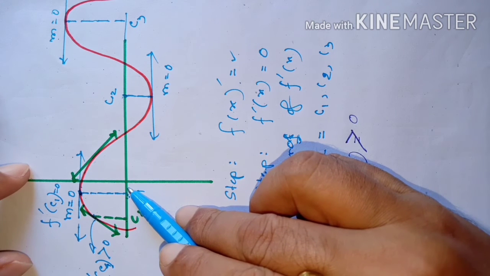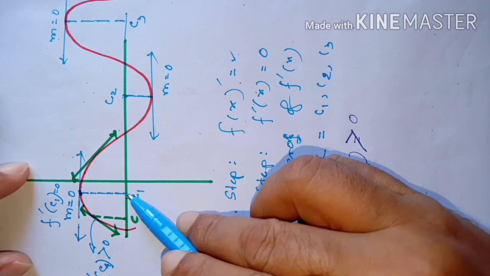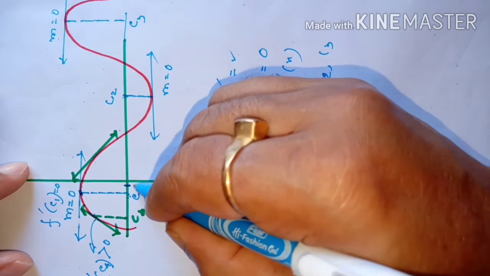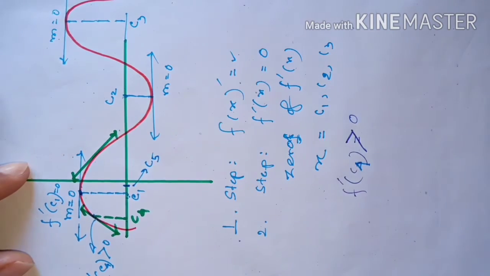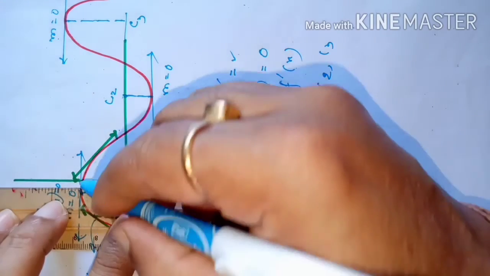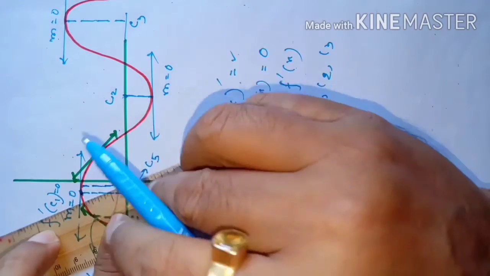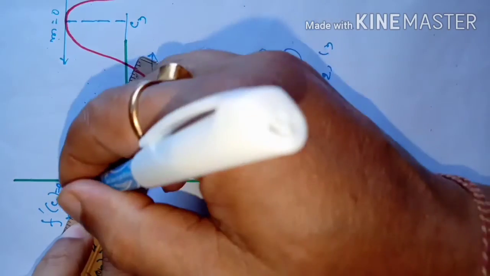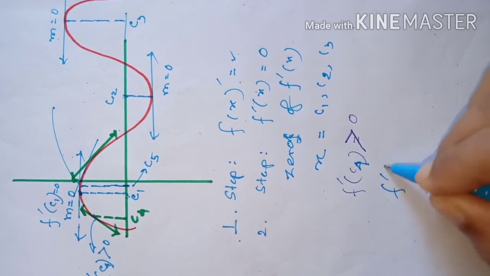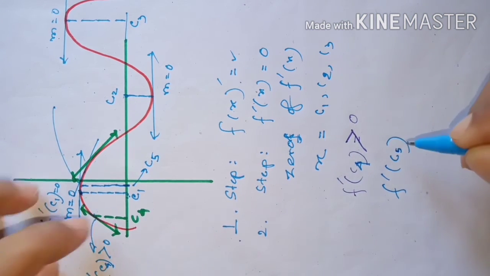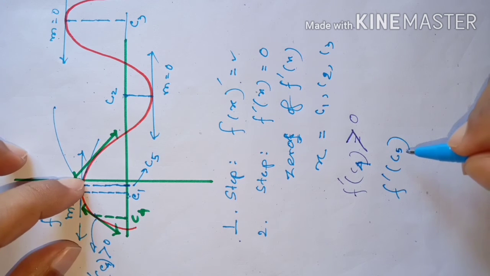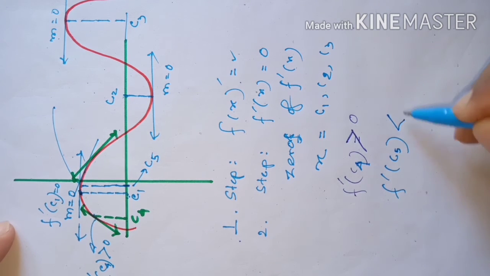And very close to C1 towards the right hand side of C1, suppose there is a point C5. At that C5, the slope of the function will be less than 0. So f dash C5, very close to C1 but towards the right hand side of C1, is less than 0.